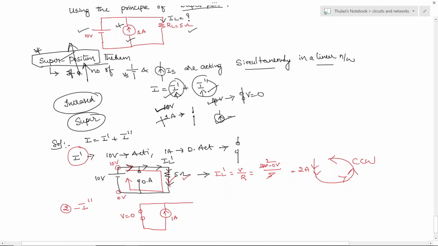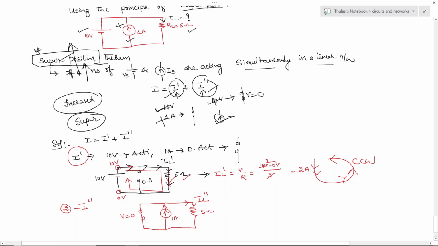We need to find the current in this branch, where the resistance is 5 ohm, which is IL double dash.